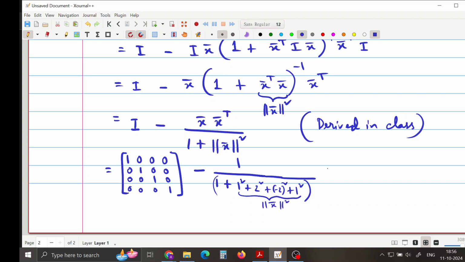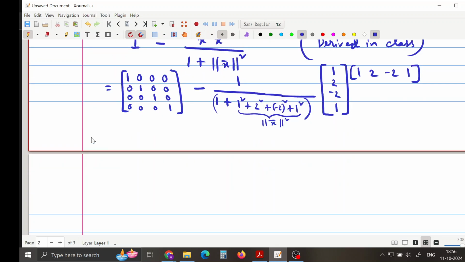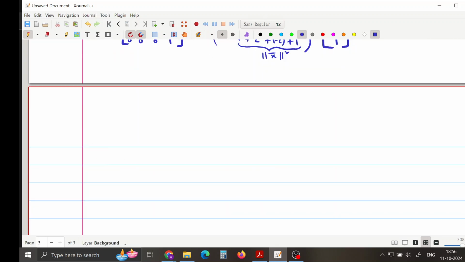And times x transpose. So what is x transpose? This is simply your x, and your x transpose is this. Okay, so what do we have here?